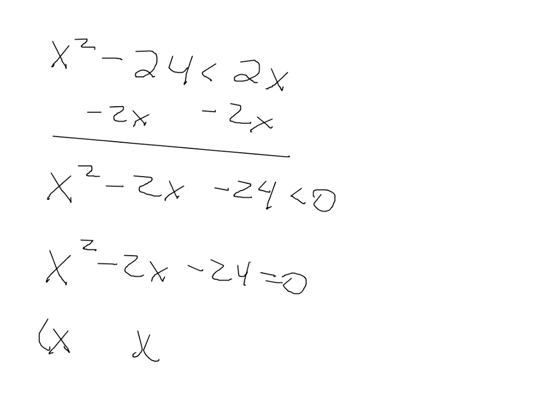So this is going to factor, and it factors into 6 and 4. They have a difference of 2, and the 6 is going to be negative and the 4 positive.